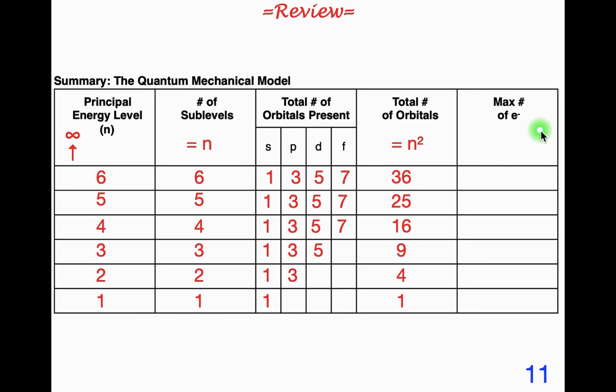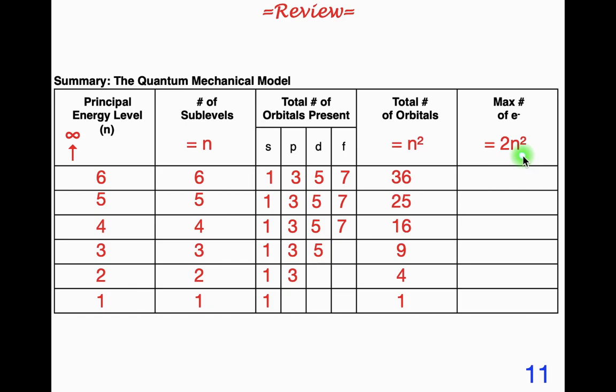Now we haven't gotten there yet, but we will next time. One of the rules for electron configuration is called the Pauli exclusion principle, which states that you can have a maximum of 2 electrons in any orbital. So all we need to do here to determine the maximum number of electrons that we could have in a given energy level is double the number of orbitals, because we can have a maximum of 2 electrons in any one.